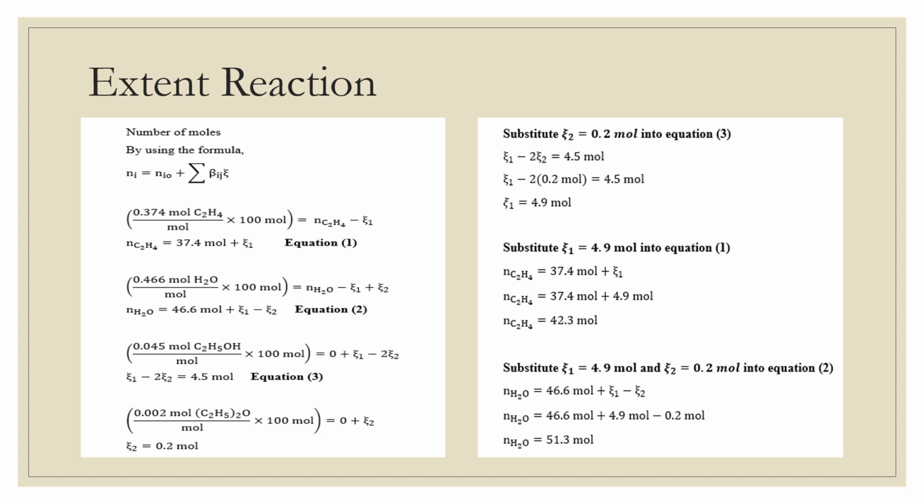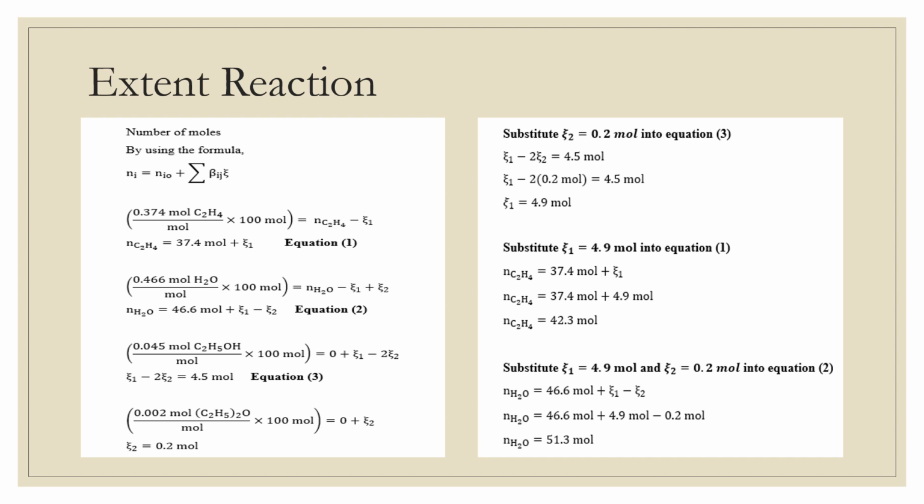Next is for the diethyl ether. It's given that there are 0.002 mole of diethyl ether times the 100 mole basis, which equals 0 plus Z2. It is 0 because there is no diethyl ether added into the reactor, so we don't have any input of diethyl ether.